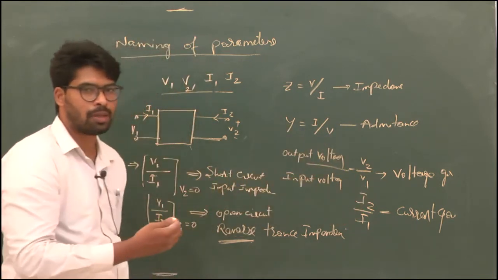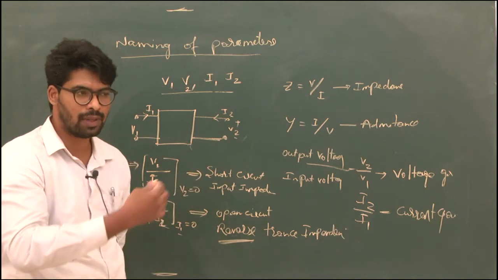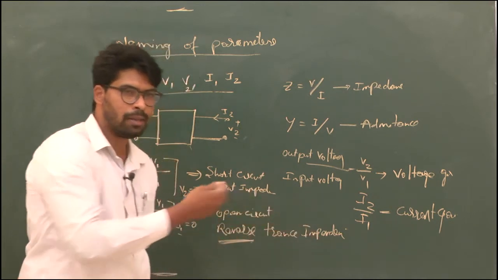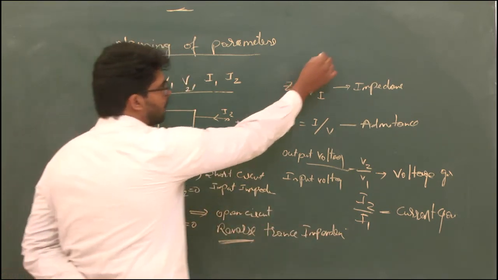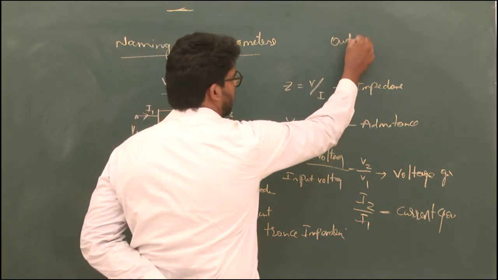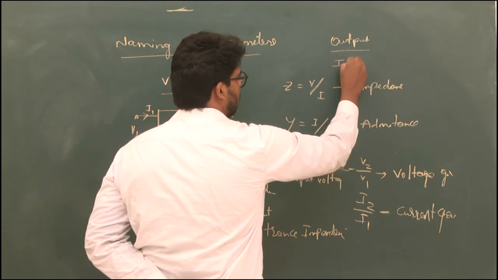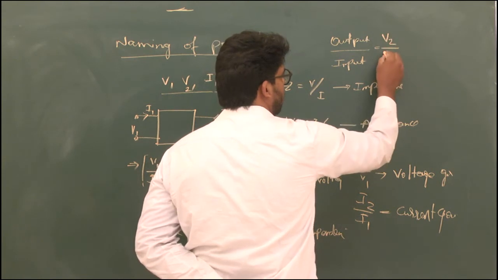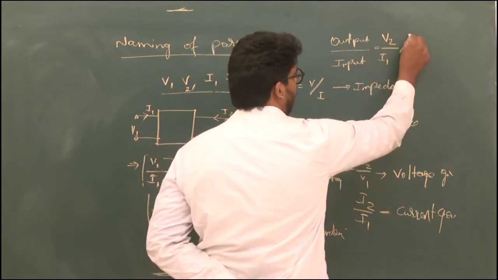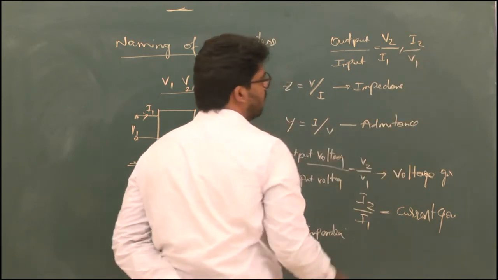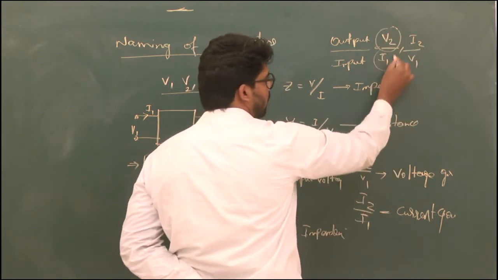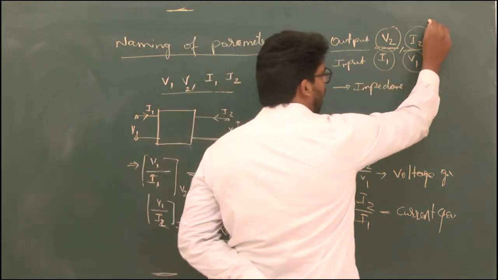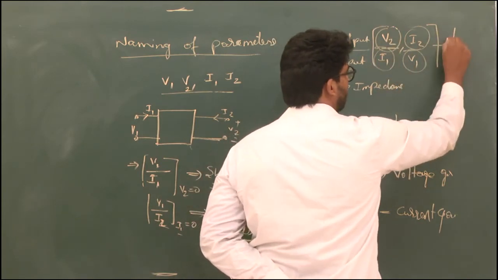If the response by input, that is output by input, for example V2 by I1 or I2 by V1, the response means output voltage by input current or output current by input voltage, all these are named as forward.